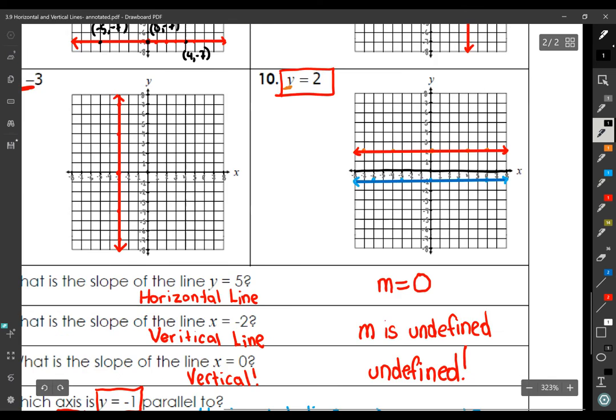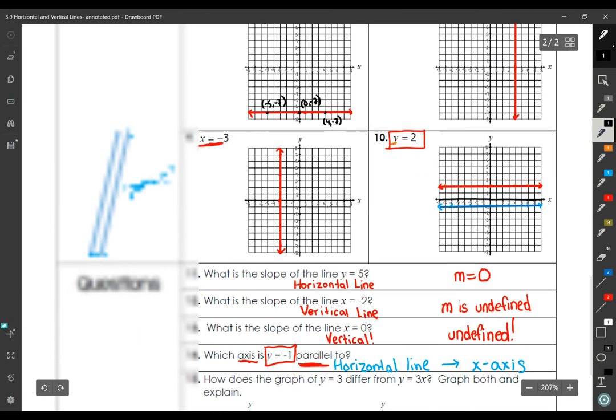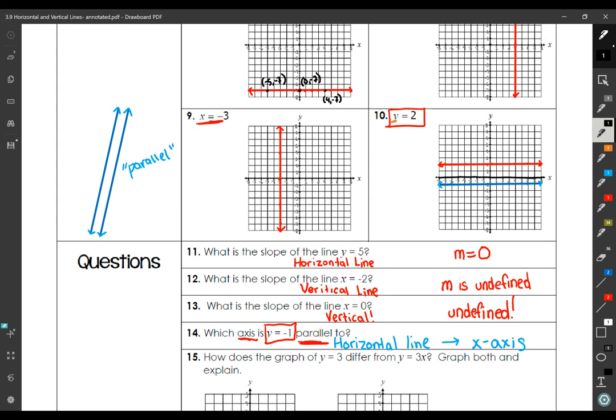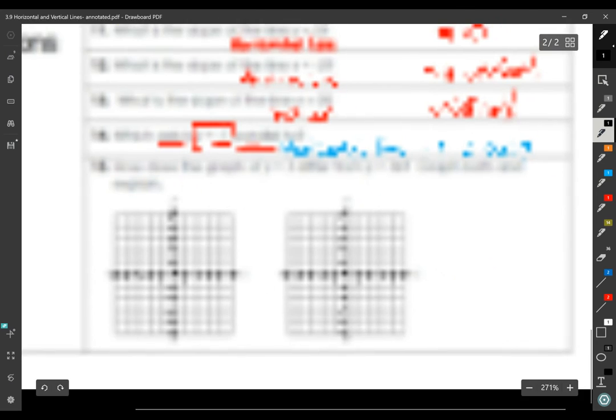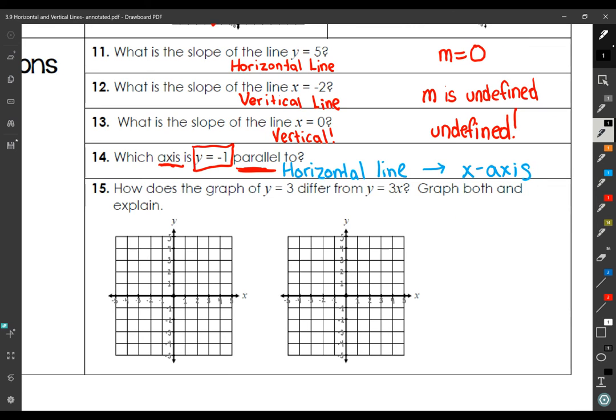So when we talk about parallel, when we have a vertical line, the vertical line is parallel to our y-axis, right? But when we have a horizontal line, it's parallel to our x-axis. Okay, last question. How does the graph of y equals 3 differ from y is equal to 3x?